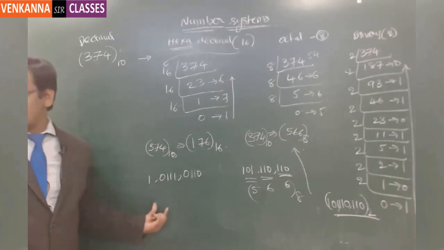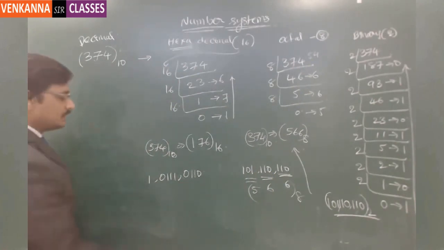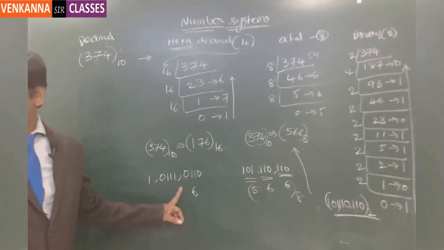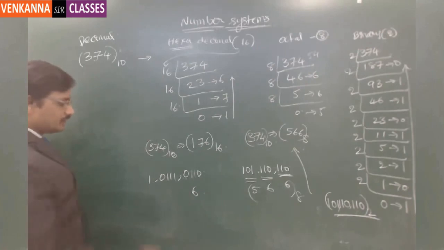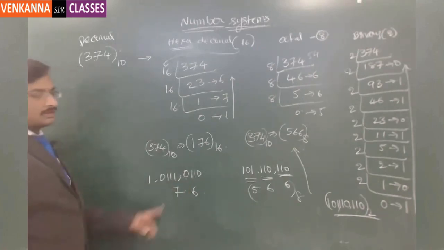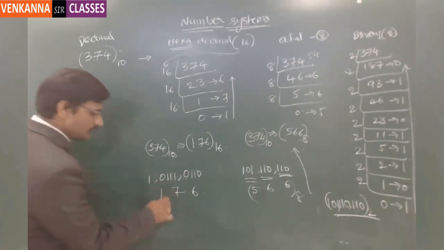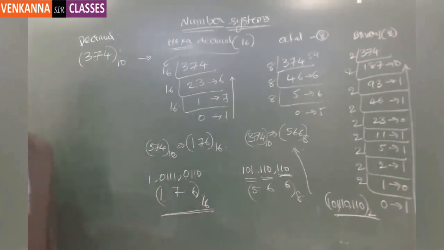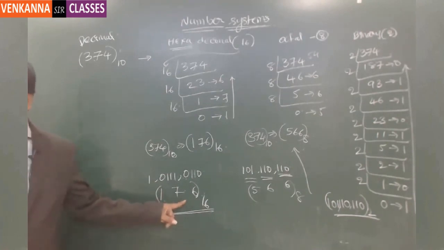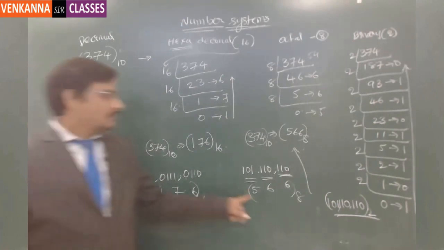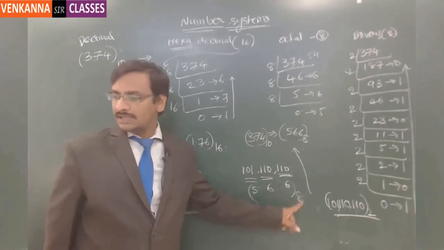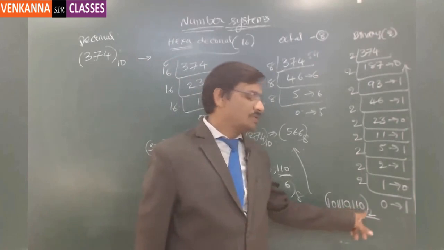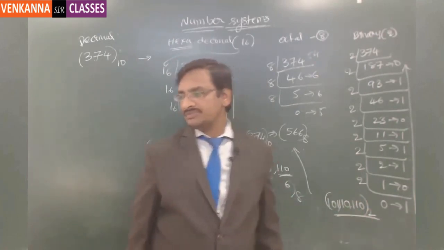If you convert this number, 0110 is the number 6, and 0111 is nothing but 7, and 1 is just 1. So 176 is the base 16 number here. So 176 base 16 is equivalent to 566 base 8, which is equivalent to 101110110, the base 2. Got it?